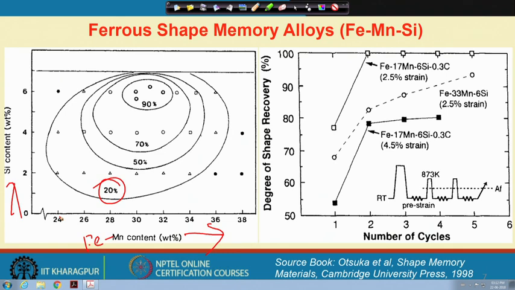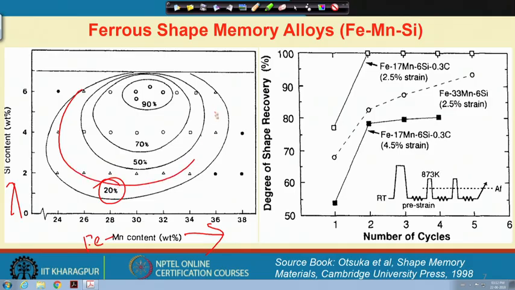So, the strain given in the martensite, out of that 2 or 3% of the total strain, 20% of that strain will be recovered in this composition range, where 90% can be recovered in this. So, there is always some percent left behind. So, it is not a fully recoverable strain.